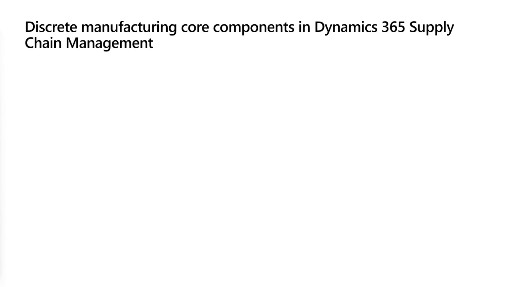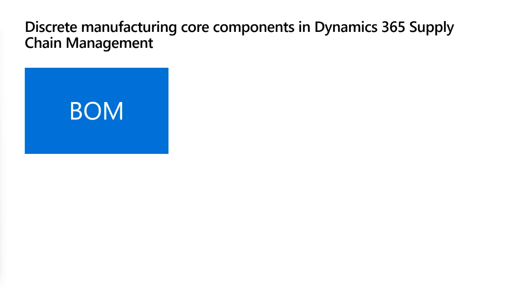Looking into what core components we have for discrete manufacturing in Dynamics SCM. Bill of material, for instance, aka BOM. They specify the required materials for a specific product. The BOM is one foundation for calculating the estimated cost for a product.